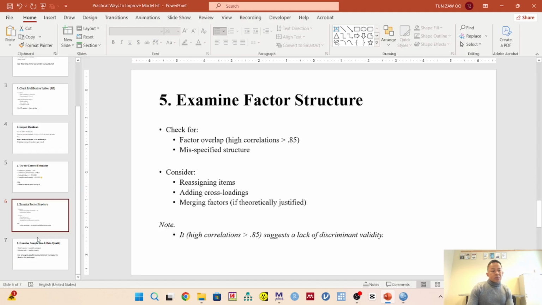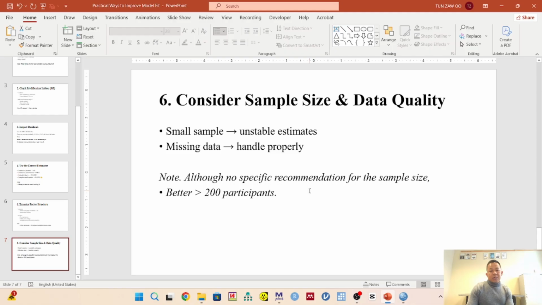And the last one is to consider sample size and data quality. Some small samples give unstable estimates, and it's quite difficult to get a good model. And also missing data we should handle properly.